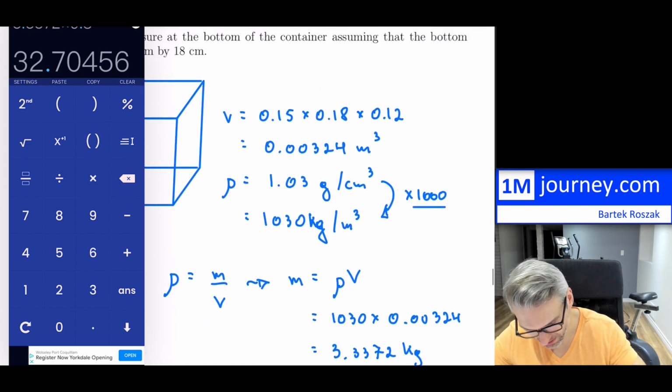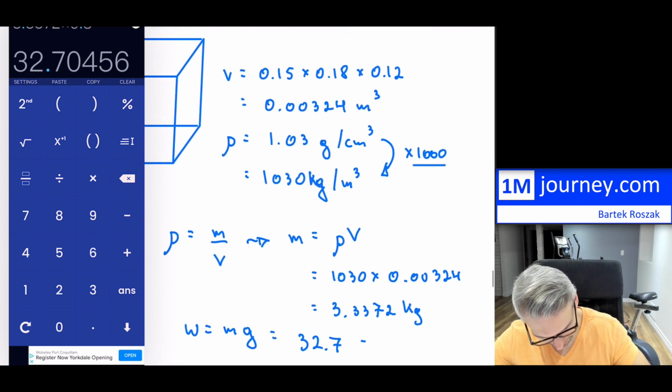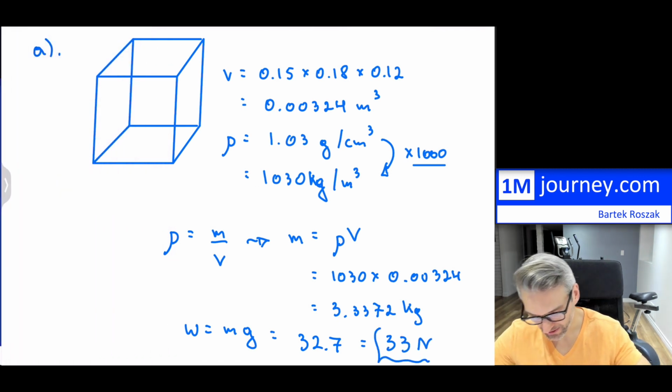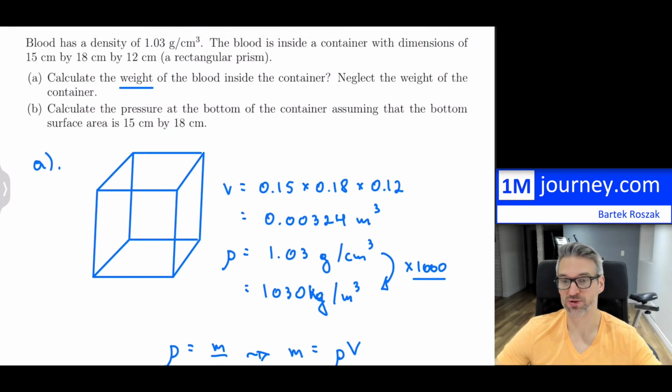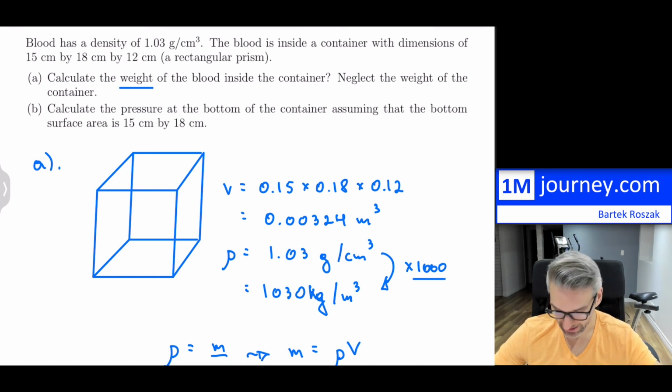I think it was two significant figures, the lowest amount, so it's going to be 33 newtons as your weight. All right, so that's how you would approach this particular example. Get the volume, you have the density, multiply the two to get the mass, and from the mass you can find the weight by multiplying by 9.8.